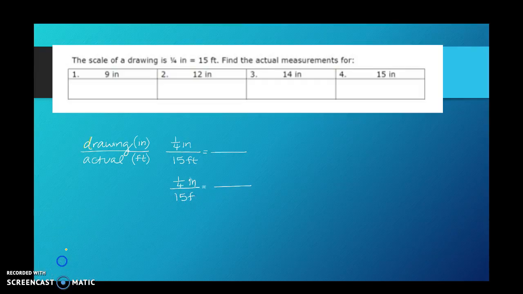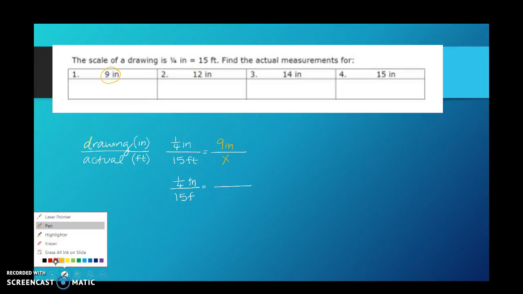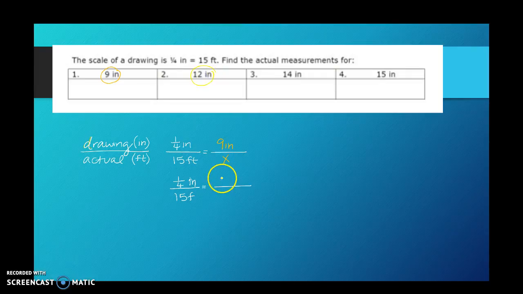So if we were doing number one, 9 inches, right? Inches are on top, so 9 inches over x. Cross product and solve, or say we're doing 12 inches, right? So 12 inches over x. So you guys know how to set it up. Go ahead and press pause and finish your table.